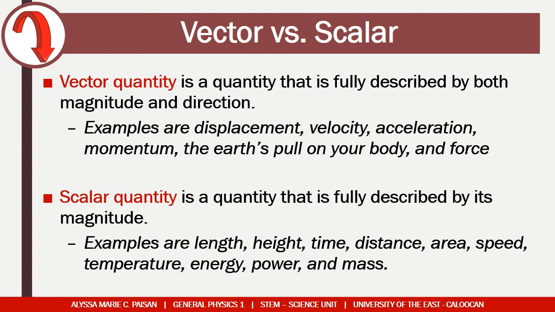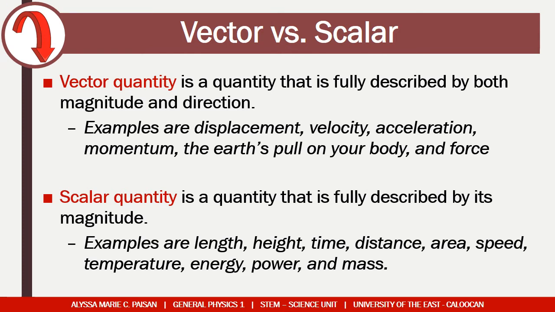And here's an additional piece of information. There are times that a scalar quantity has an equivalent vector quantity, meaning there are vector quantities wherein, when you're not going to mention the direction, it's a scalar quantity. Although we will discuss this later on, I'm just going to give you an example. For example, the scalar quantity distance has the equivalent vector quantity displacement, meaning displacement is just distance together with direction.